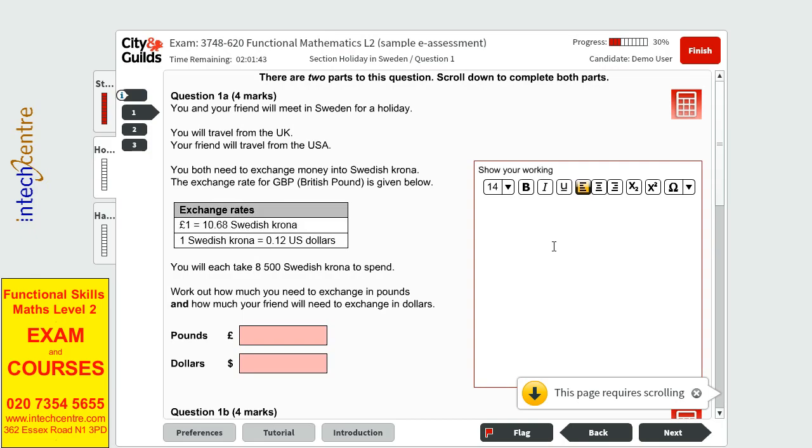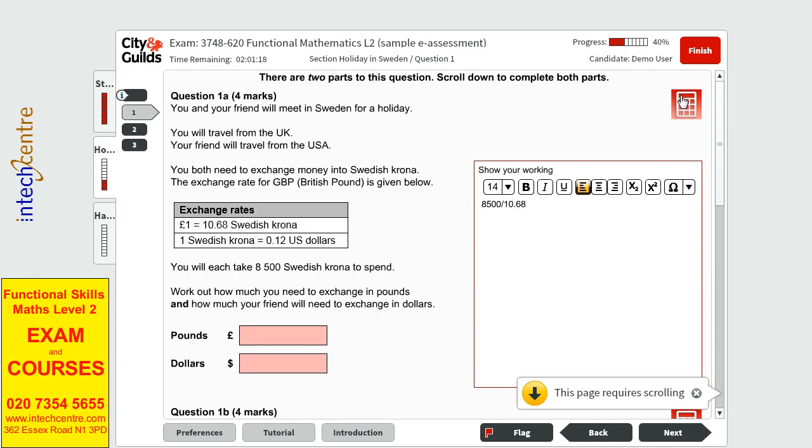Okay, let's start by converting the Swedish krona to pounds. For this, we know that 1 pound equals 10.68 Swedish krona. Therefore, we are going to do 8,500 divided by 10.68.